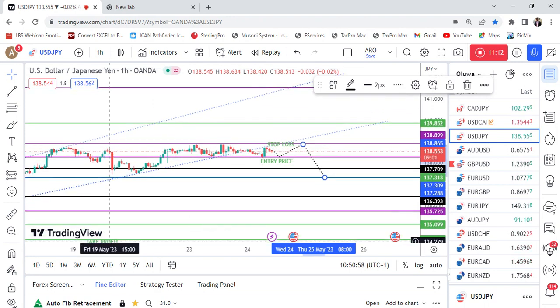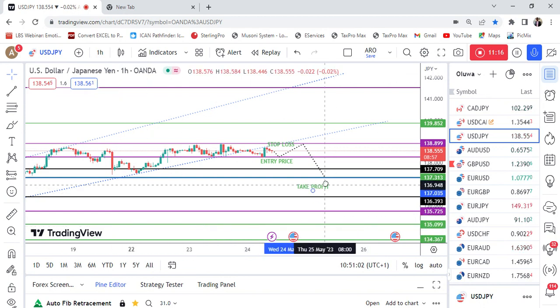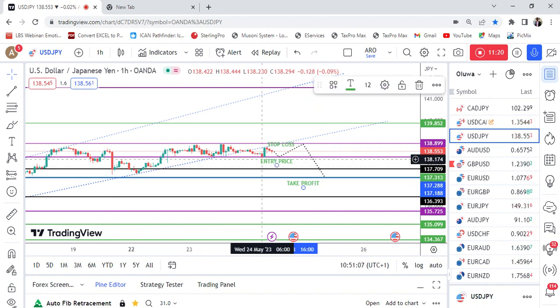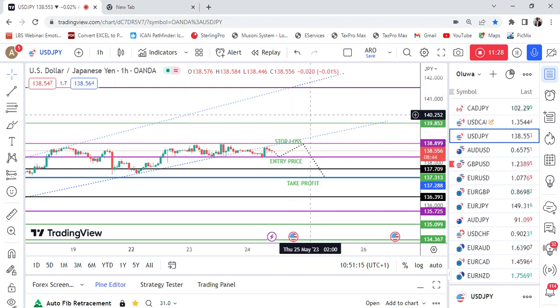So let me remove this. Put this. Put it here. That's what is going to happen. That's what we are expecting on this particular trade.